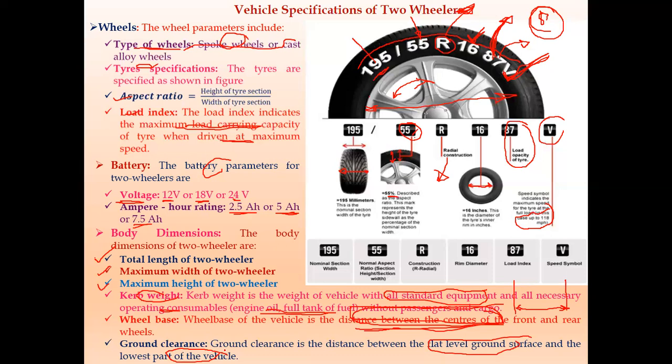two-wheelers. Okay, specification parameters. So we'll take one practical example. What are the vehicle specification parameters in case of two-wheelers? So we take the specification of a Honda Unicorn 160 BS6.